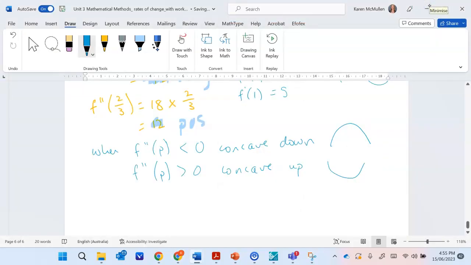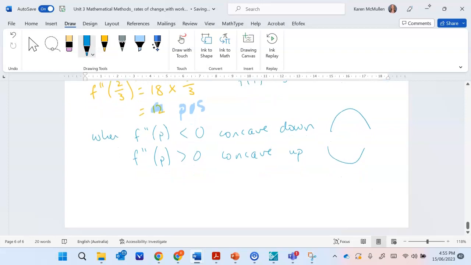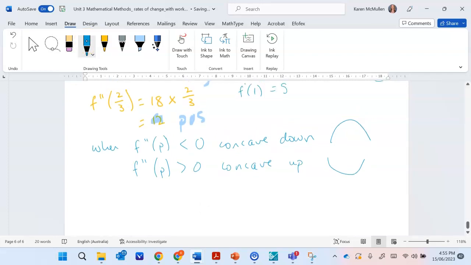Now, the other thing that your second derivative will tell you is where you have an inflection point. So when your second derivative is equal to 0, we have what's called a point of inflection.